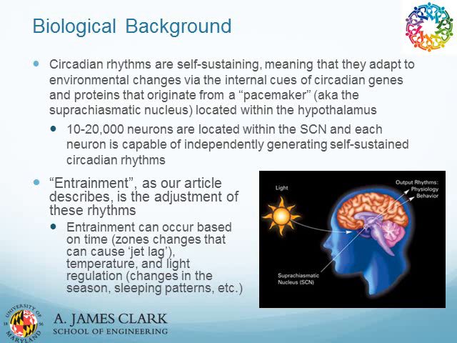With a new time zone, you have new light and dark phases, and it's your body's way of compensating for that over time. And you can see in the figure on your right the light input into this circadian nucleus. Your output is the rhythms, physiology, your behaviors, your body changes, and everything.